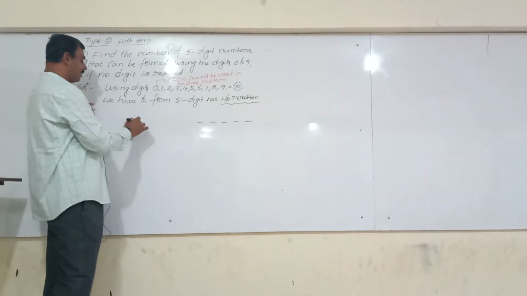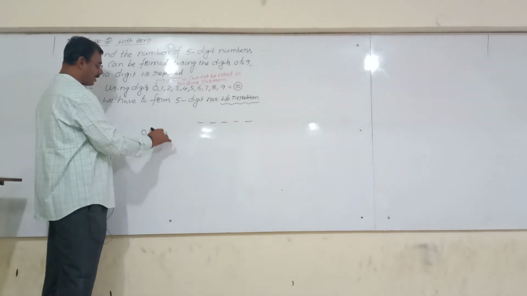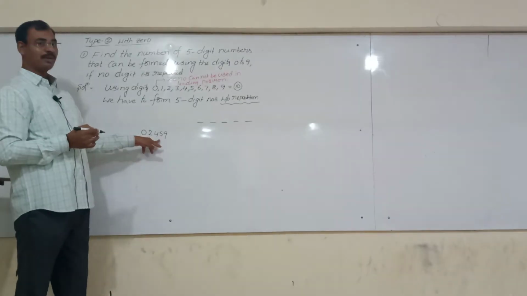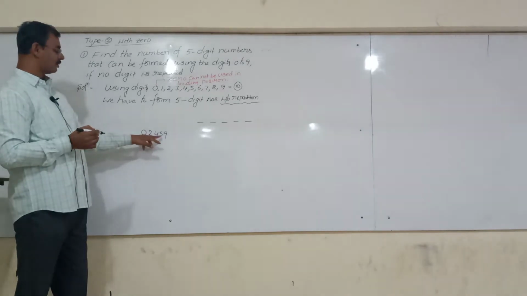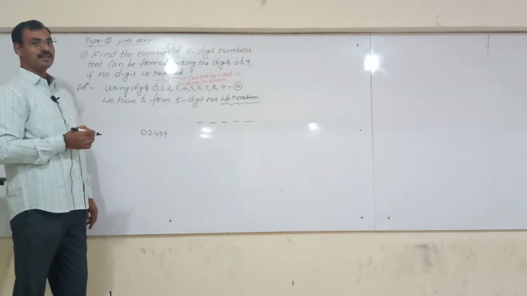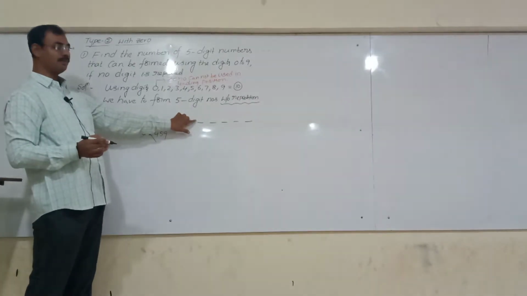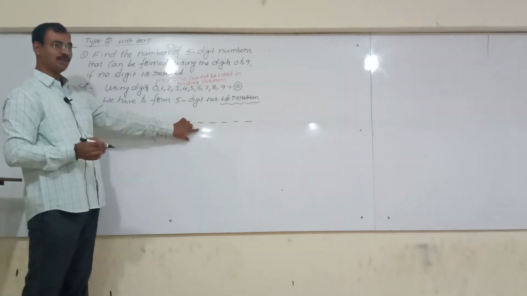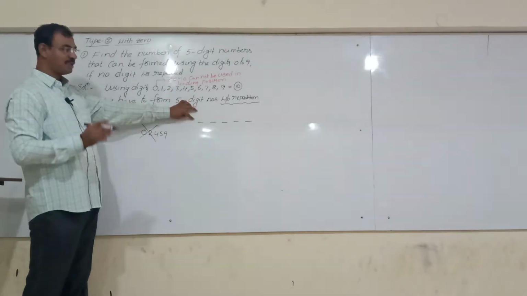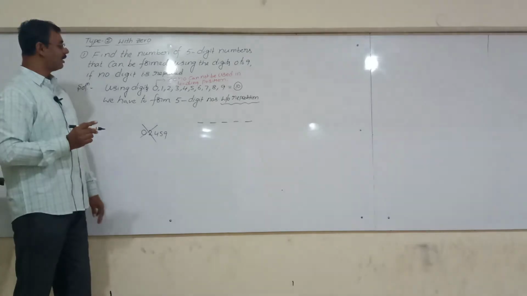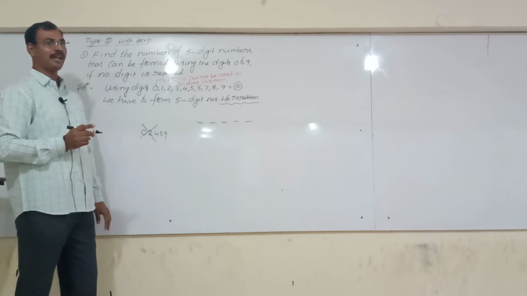Why? Because suppose 0, 2, 4, 5, 9 is going to be my 5-digit answer. We do not say 0, 2, 4, 5, 9 is a 5-digit number. So it is not a 5-digit number, and we should not fill 0 in the leading position. We have to fill the leading position mandatorily with a digit other than 0, that is 1, 2, 3, 4, 5, 6, 7, 8, 9.